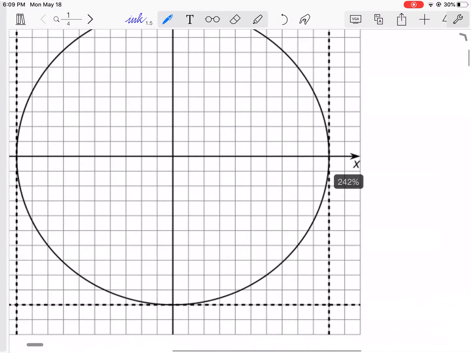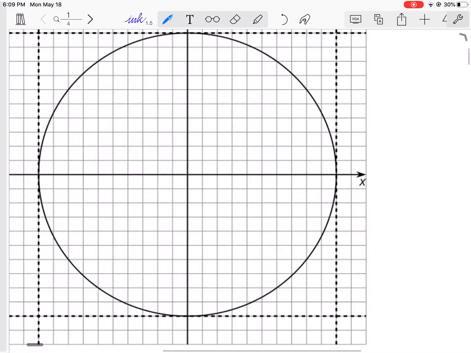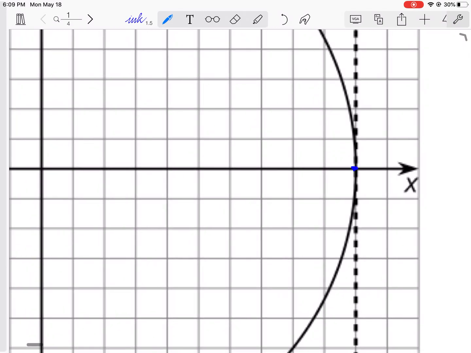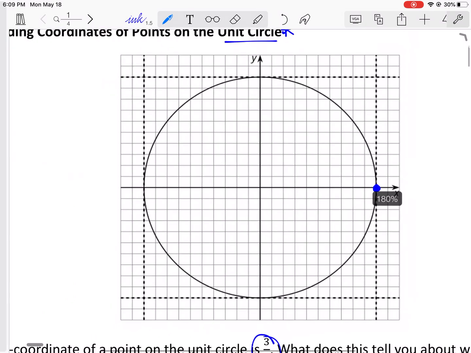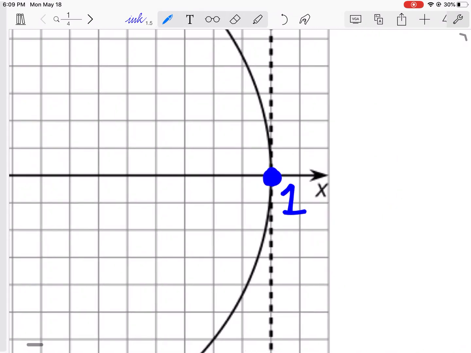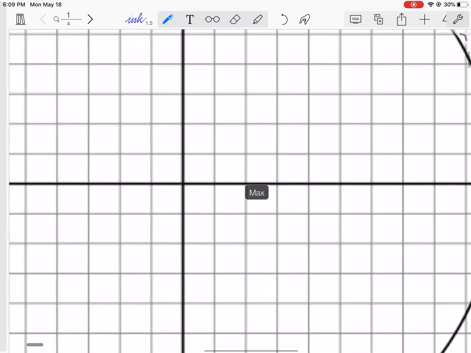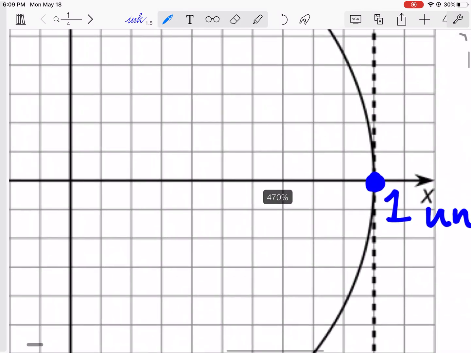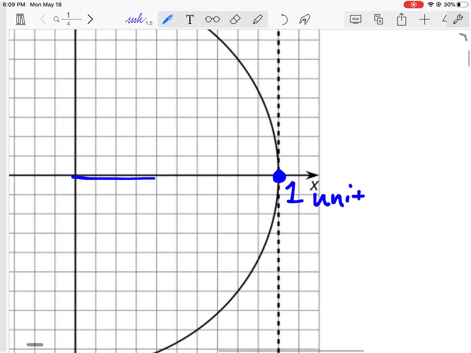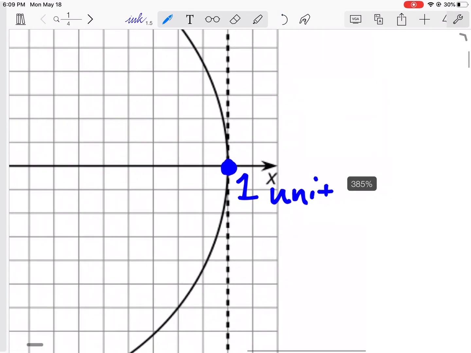All right, hopefully you paused the video and thought about this on your own. One thing we can think of here is this circle. This point out here, since it's a unit circle, we'll say that this is just 1 unit out. We weren't really given any specification. If we thought this was 1, that's okay, but let's just call the radius of this circle all the way out 1 unit.